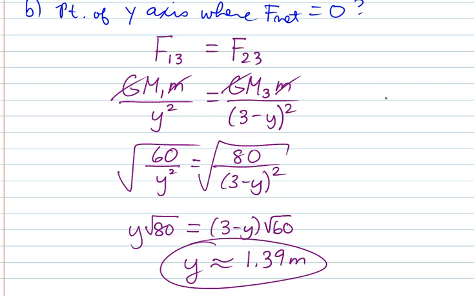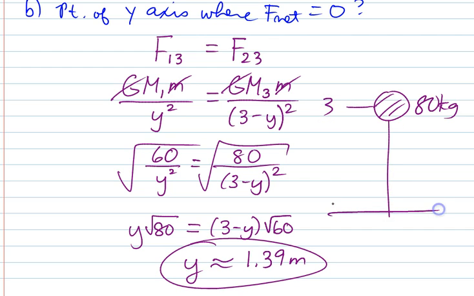If we think about this, this makes sense because we have the 80 kilogram at 3 meters and we have the 60 kilogram at 0. We want to be closer to the 60 because its mass will have less of an effect, so we need the distance to have more of an effect. So it won't quite be right in the middle. It'll be a little bit closer to the smaller mass.